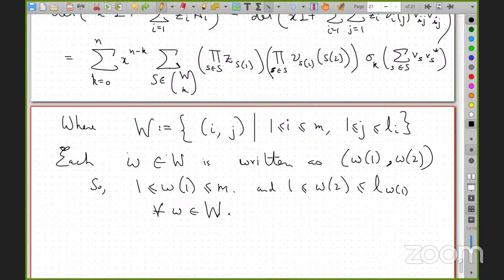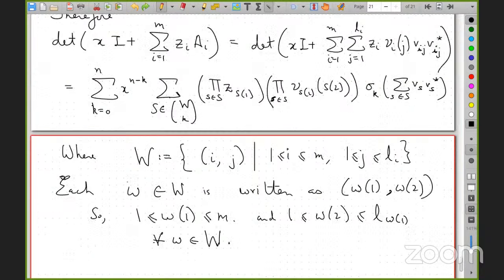So now we are in sort of good shape. So now we have to just check coefficients.